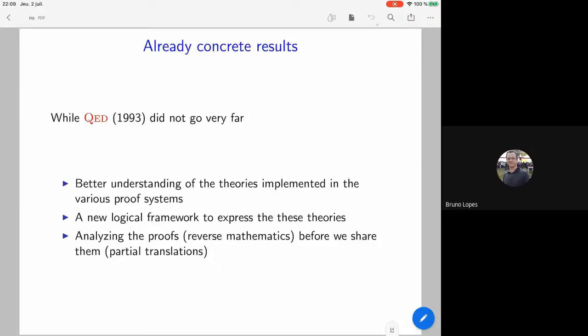First, we have to share the proofs. And then, whenever using reverse mathematics techniques or analyzing the proofs, we understand that they don't use some of the advanced features of the theory in which they have been developed, then we know that we can translate them. But we should not attempt to translate them all, because of course there are some theorems that can be expressed in one formalism and not in others. Thank you very much.